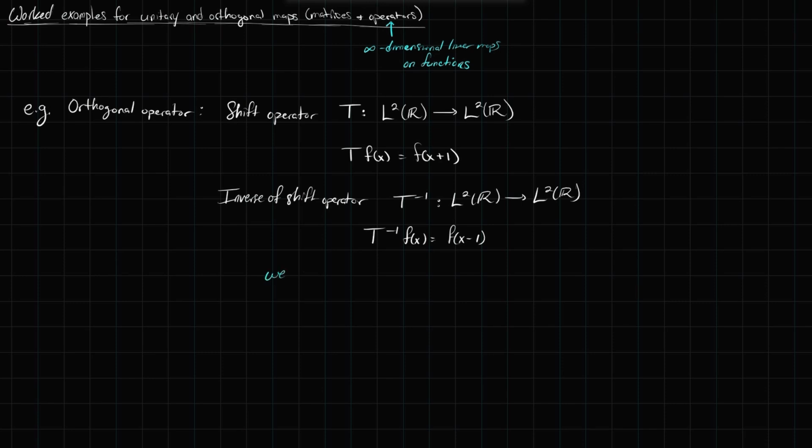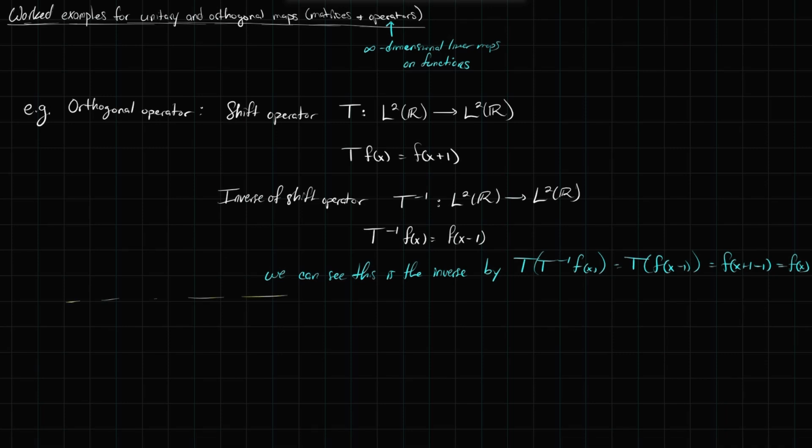We can see this is the inverse by, well, what is T of T inverse of f? That's going to be T of f of x minus 1, which is f of x plus 1 minus 1, which is just f of x. So you get back to where you started when you use the inverse. Not really much of a surprise.